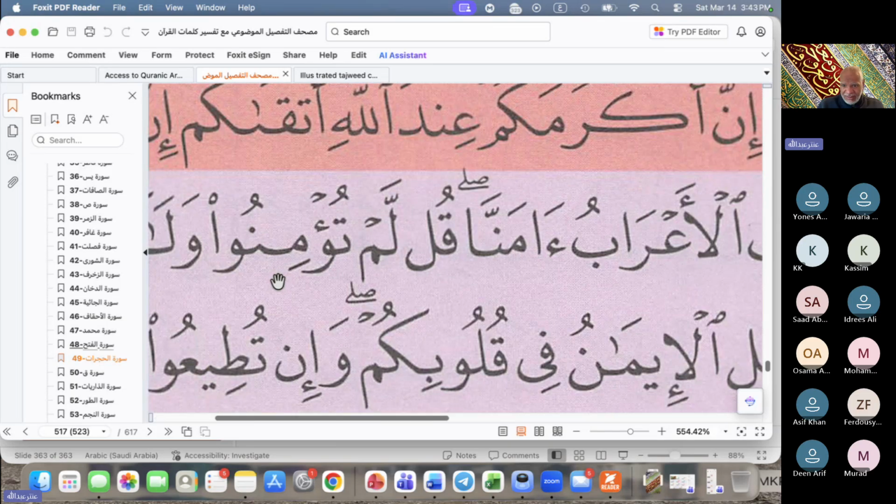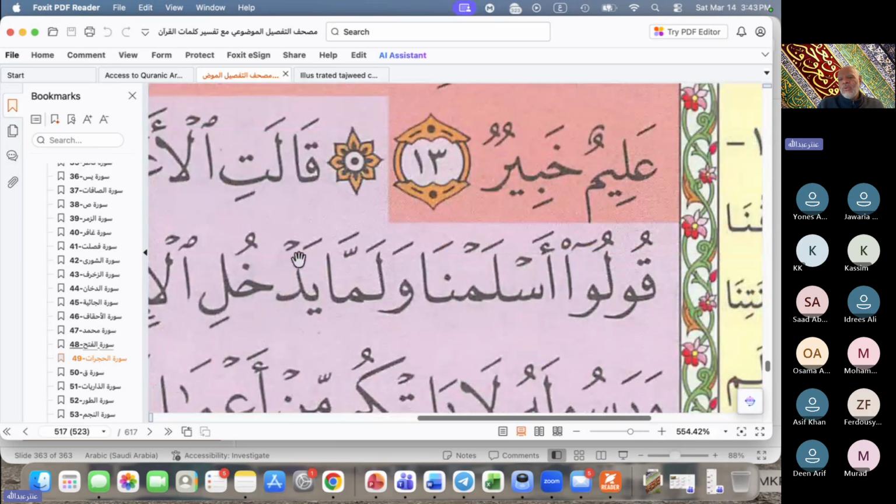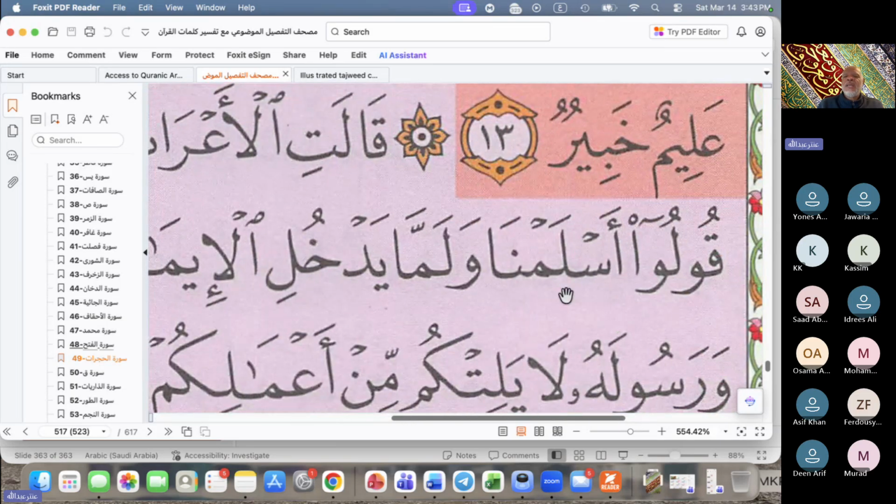ولكن, but, say قولوا أسلمنا, which means basically be Muslim. So this is the difference between Iman and Islam. They are saying Amanna, we have true faith. So Allah says not yet. You have Islam. So you got the superficial part, the first step into Islam.